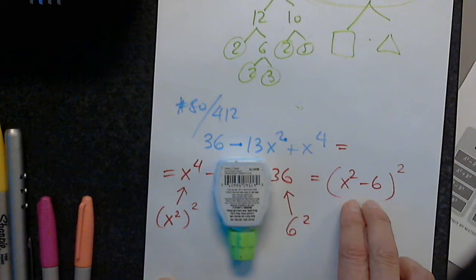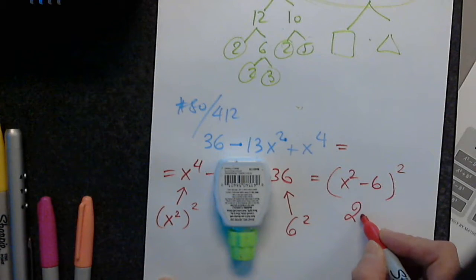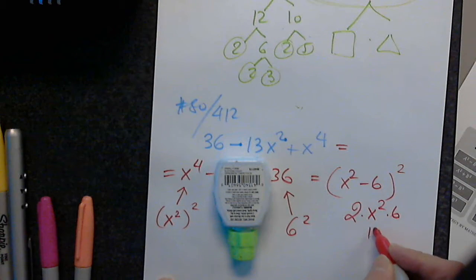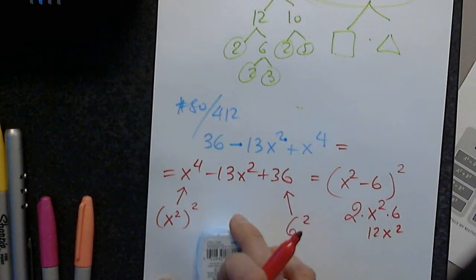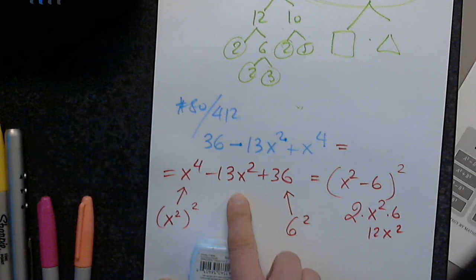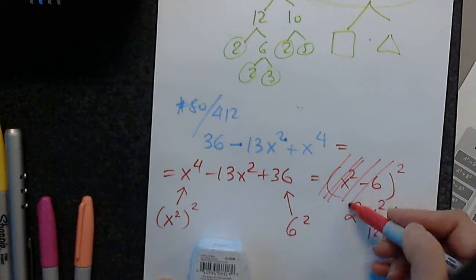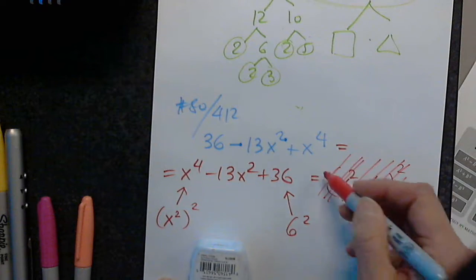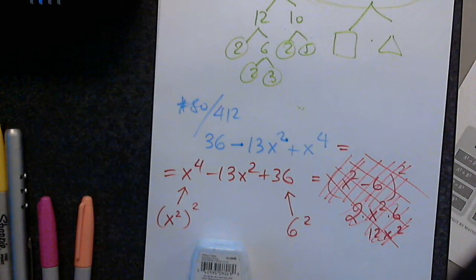But I have to check the middle term, which has to be 2 multiplied by x squared multiplied by 6, which is 12x squared. I don't have 12x squared. Therefore, this is incorrect. I tried. I have to try.